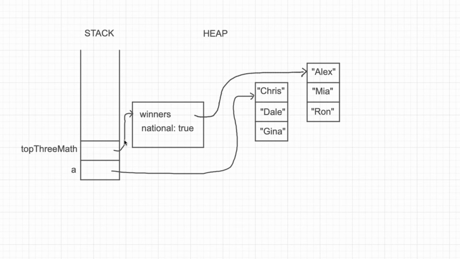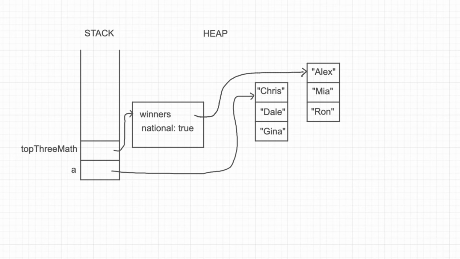When we created the top 3 object here, we created a whole copy of the array, a second object, and later on when we updated the values to Chris, Dale, and Gina, that had no effect on the top 3 object right here that is referenced by top 3 math.